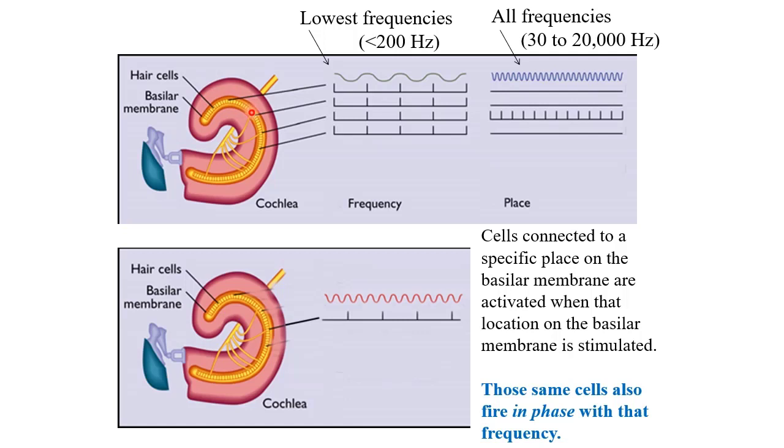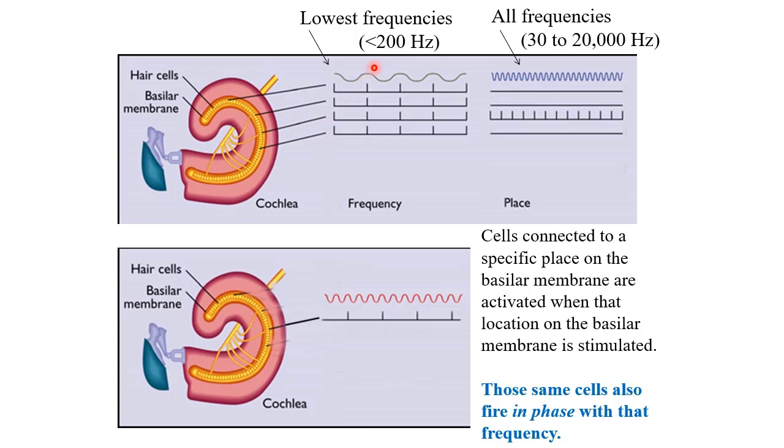And so the way that we get this rate code here listed as frequency is that instead of having 1 or 2 hair cells recruited, the louder the sound is, the more cells I recruit. So a weak sound might only recruit a few, and then as the sound gets louder and louder, we start to recruit more cells. And this is what allows us to perceive really low frequencies.